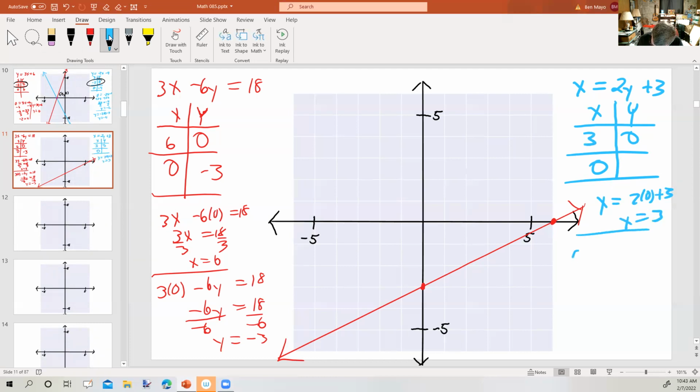If X is 0, 0 equals 2Y plus 3, subtract 3 from both sides, divide by 2, Y equals -3/2. All right, so 3, 0 is right there. 0, -3/2 would be right there.